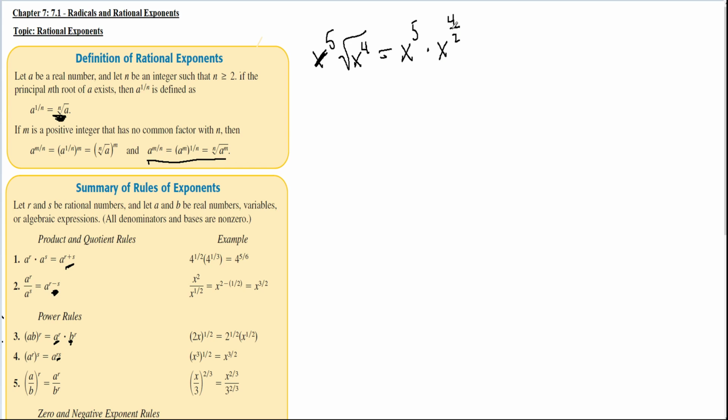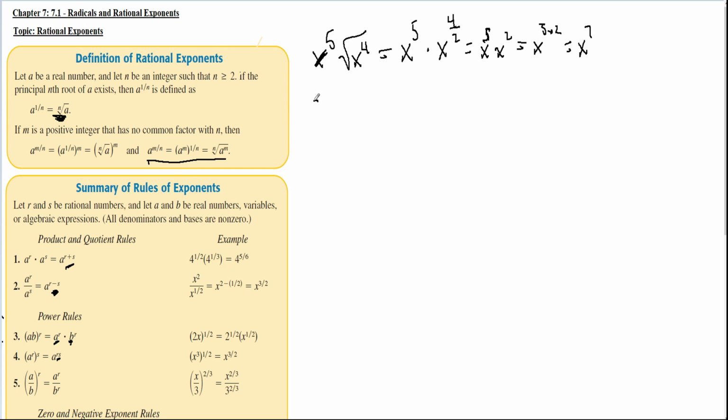And 4 divided by 2 is 2, so really I have x to the fifth times x squared. And using rule number 1, since I have the same base but different powers, 5 and 2, I simply add them together. So x raised to the 5 plus 2 power, which gives me x to the 7th power.